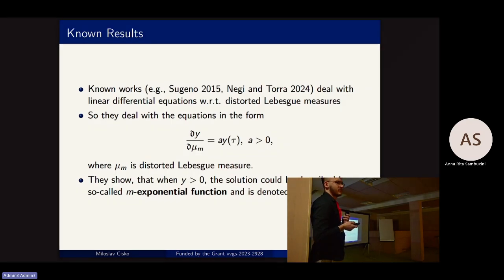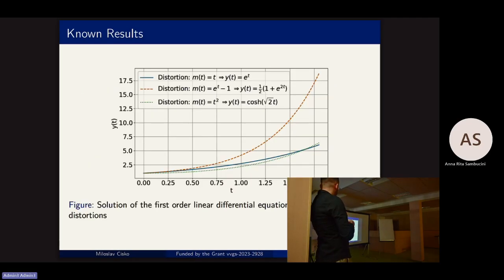They didn't show that it's unique for some initial conditions. So we wanted to extend this topic. The M exponential functions could be basically anything because it is the solution for the particular distortion M. If the M is identity, then the result is the exponential function.